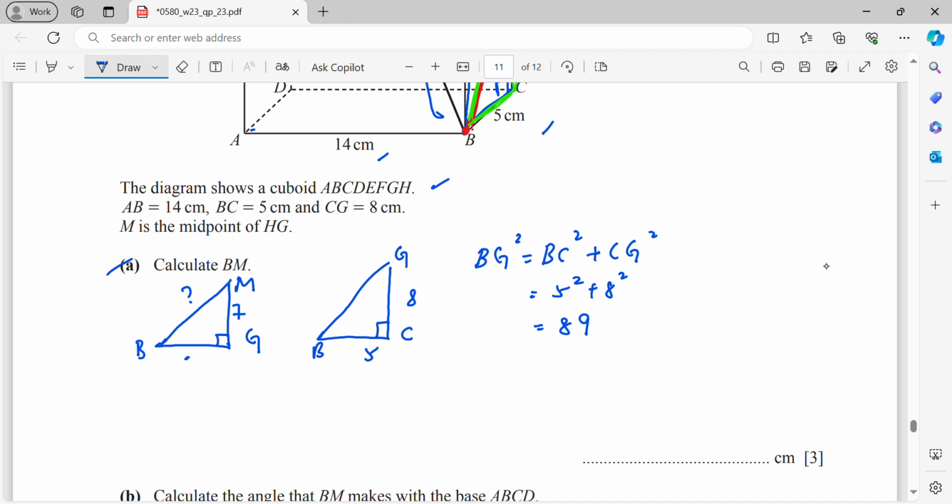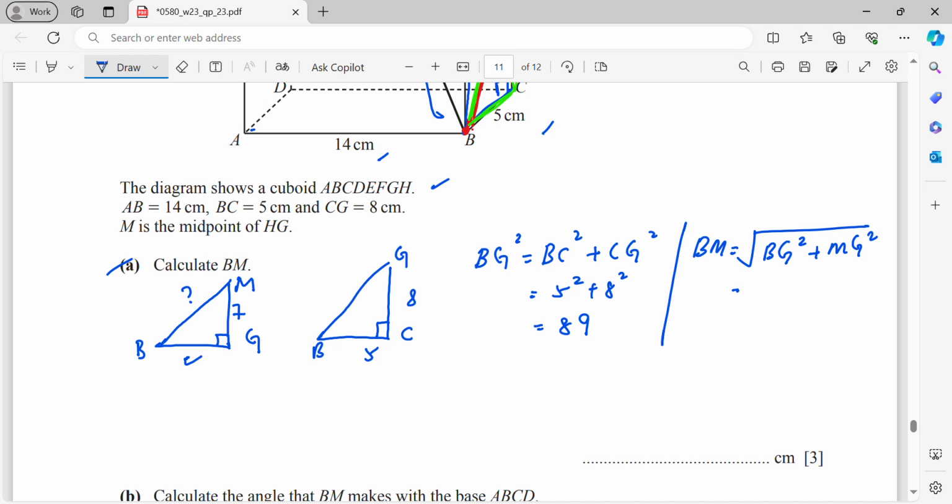So now I need to find BM. So this one is found. So again, BM, using the same formula, which is the Pythagoras theorem. But now since your BM is the hypotenuse, okay, and I need to find BM instead of BM squared, I will just take the square root of BG squared plus MG squared.